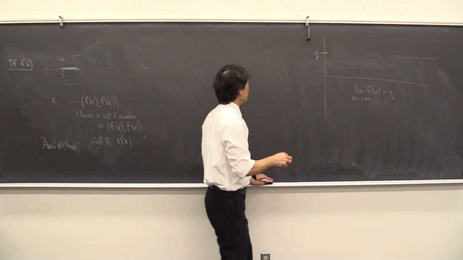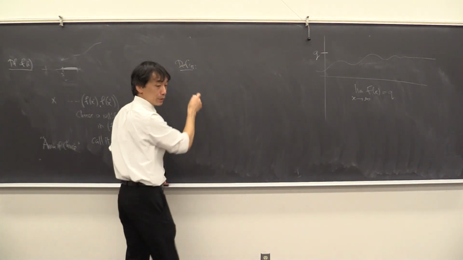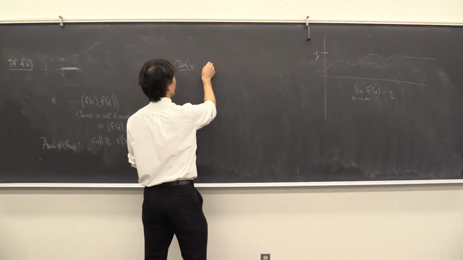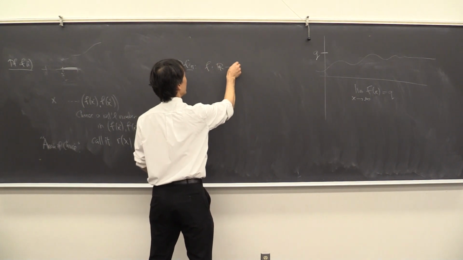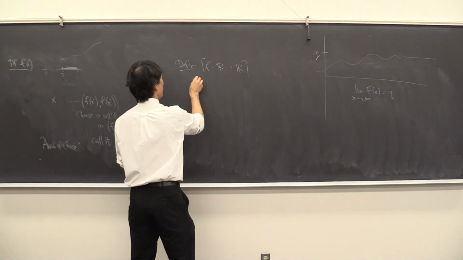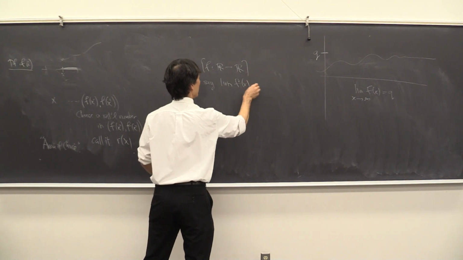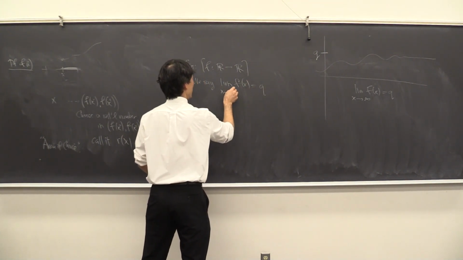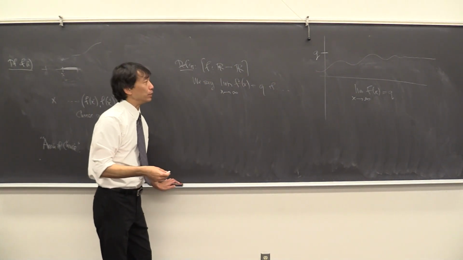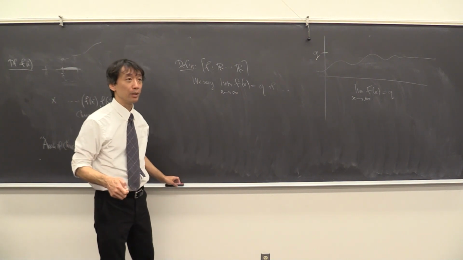How do you think we should define this? Definition: you have some function, suppose it's on the whole real line, just for convenience. We say that the limit of f of x is q as x approaches infinity if, again, we're going to do some sort of epsilon-delta definition.